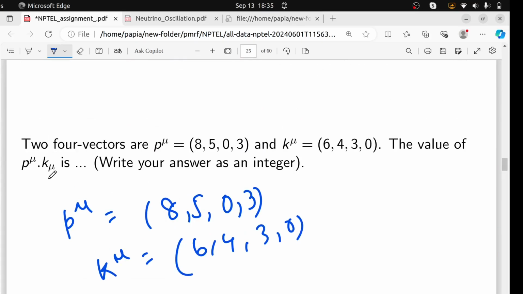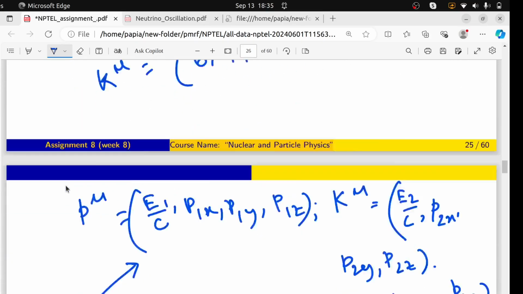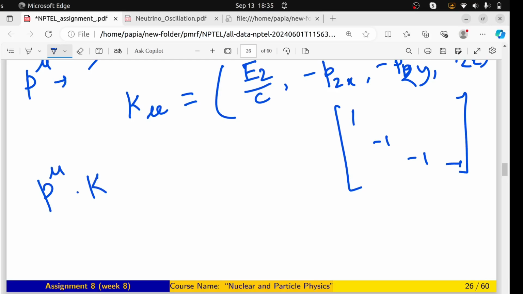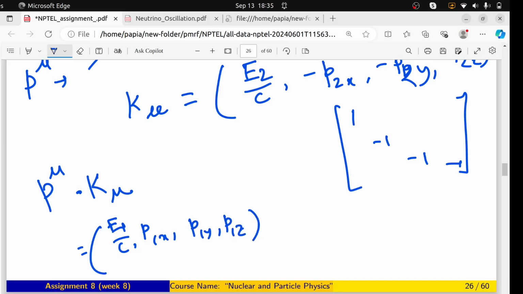Because it is given that p mu has one superscript and another subscript, and because our metric tensor is 1, minus 1, minus 1, minus 1, which I think is already explained by the professor. So if I write p mu k mu, it is the dot product: E1 by C, P1x, P1y, P1z dot E2 by C, minus P2x, minus P2y, minus P2z.